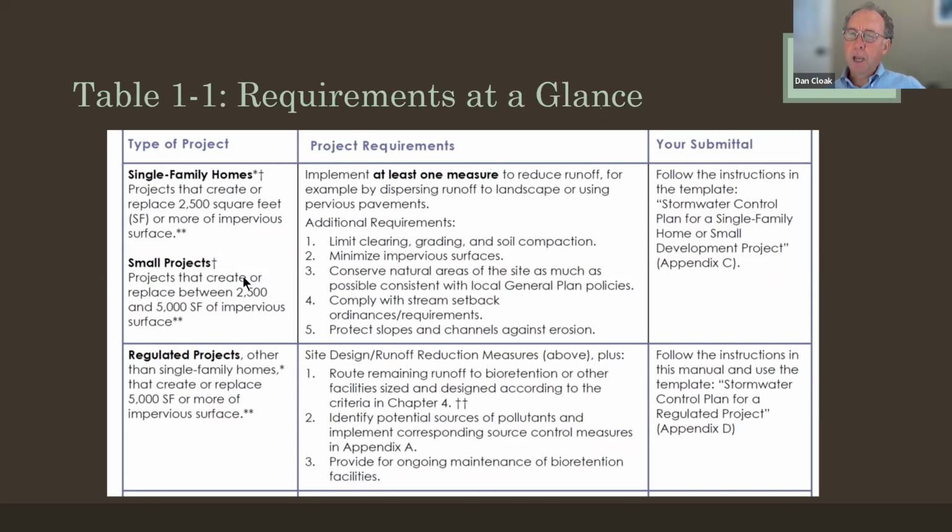The small project category also applies to any other type of land development that creates between 2,500 and 5,000 square feet of impervious surface. Above that, you're into a regulated project, which requires a stormwater control plan, and requires that in addition to reducing runoff and dispersing to landscape, that basically all runoff from all impervious areas of the site is managed by routing it to either dispersal or to a bioretention facility.